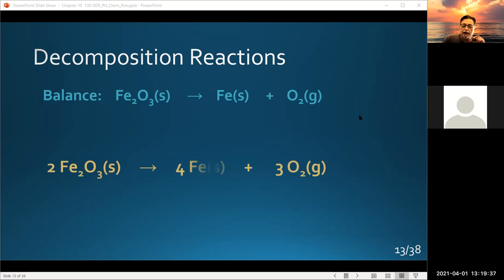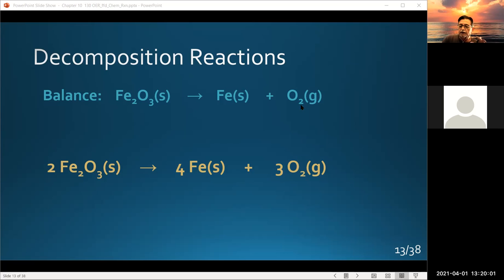And of course, we've got to balance it out. And so we have 2 iron 3 oxides to give us 4 irons and 3 oxygens. Now, how was that done? Well, if we look at the oxygens, we can see we got 3 on the reactant side, 2 on the product side.